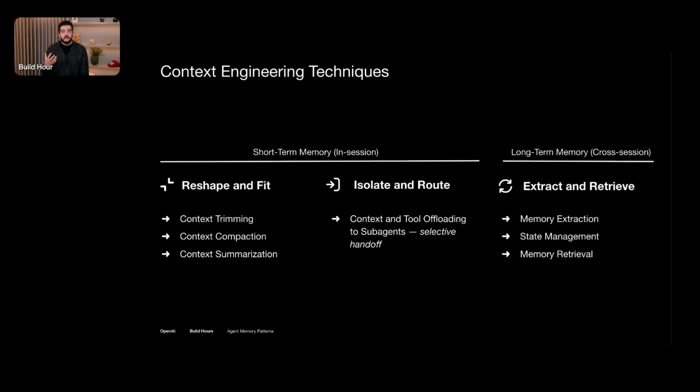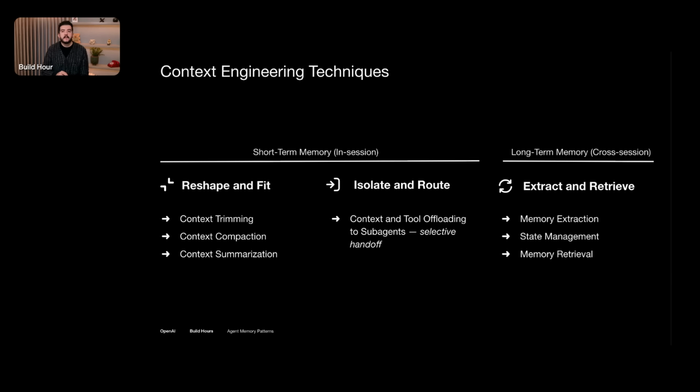When we talk about context engineering, it's essential to distinguish between short-term and long-term memory because they solve very different problems. I think we can group the first two buckets as short-term memory, which we also call in-session techniques. And then the last bucket is long-term memory. We call it cross-session.